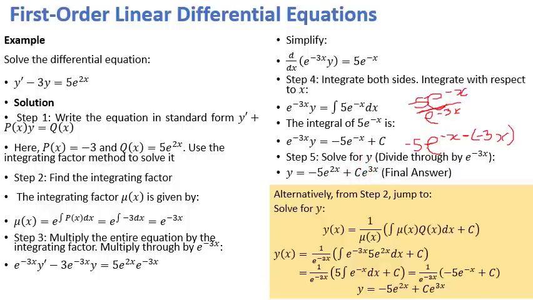Let me just explain that as well. If we have c over exponential minus 3x, we can assume that c equals constant times exponential raised to power 0. Anything raised to power 0 is 1.